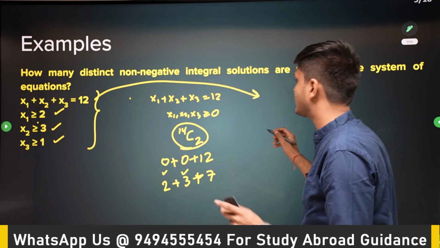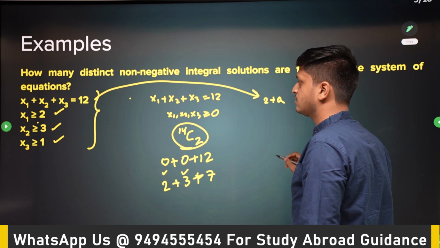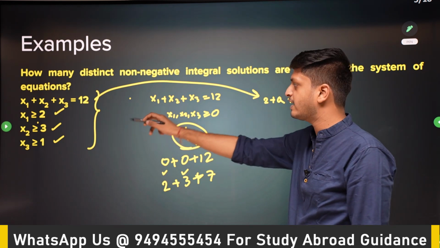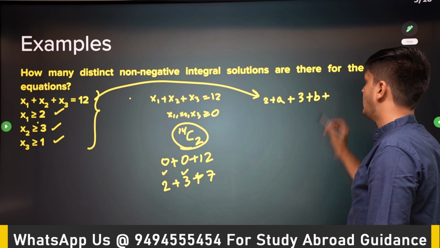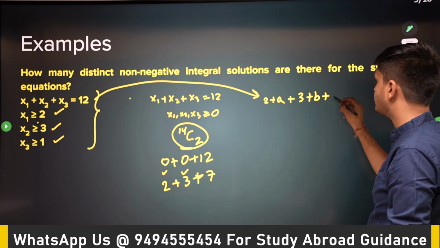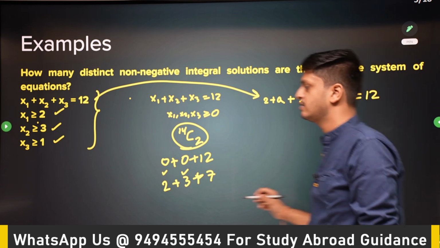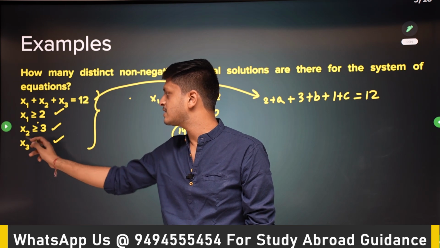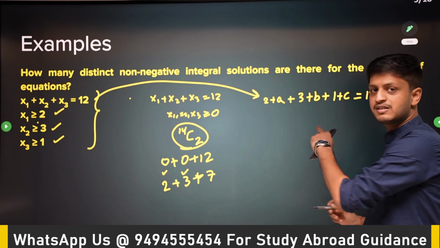So we will write x1 as 2 plus a. And since x2 has to be greater than or equal to 3, we will write x2 as 3 plus b. And since x3 is greater than or equal to 1, we will write x3 as 1 plus c, and the sum is equal to 12. So this way the equation becomes this.